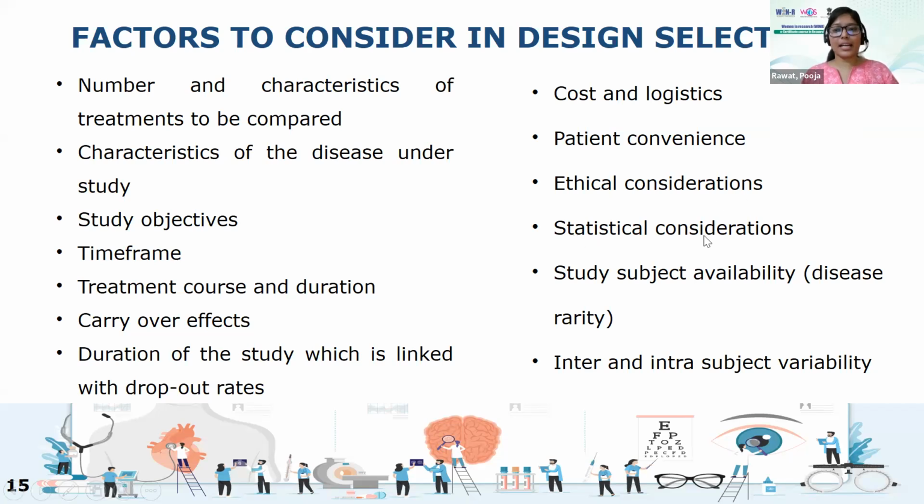Then comes the statistical consideration. Yes, your sample size plays a huge role. Whenever you are designing a trial and putting 100 patients, please take note of the expected withdrawal, the expected dropout, or the missing data.